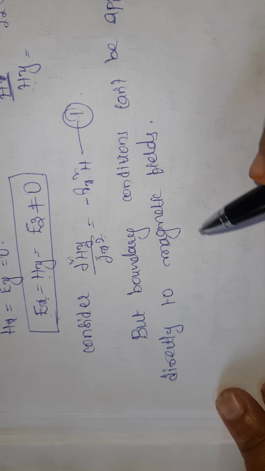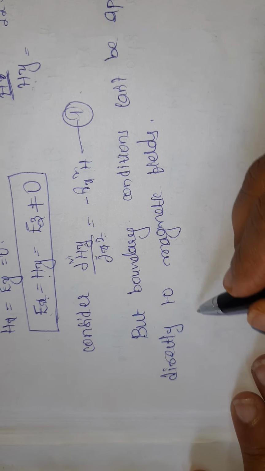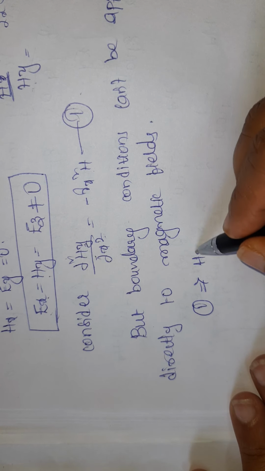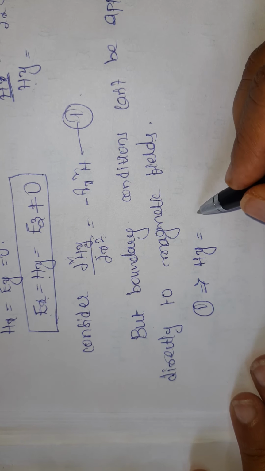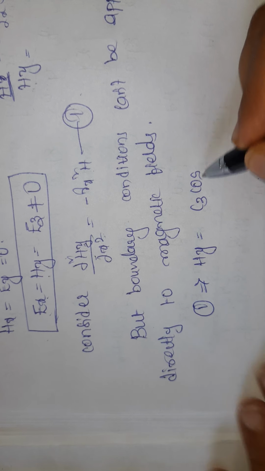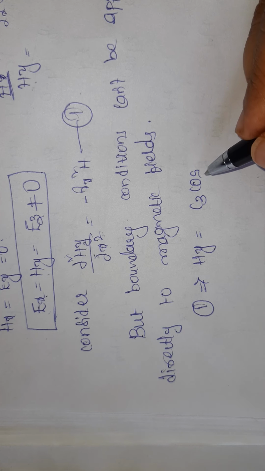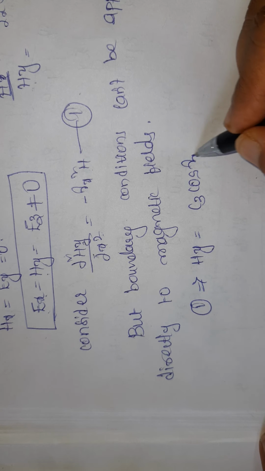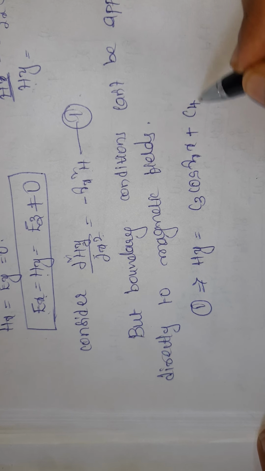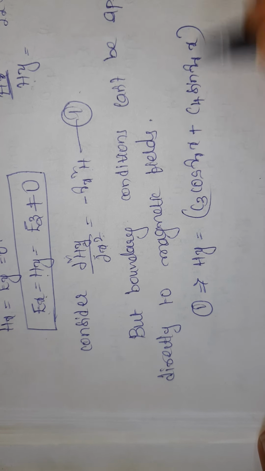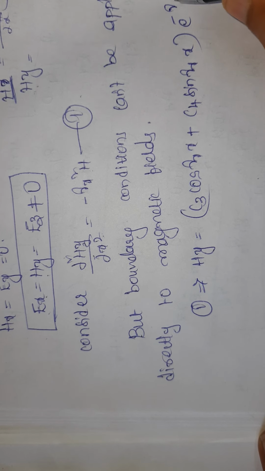So from equation 1, what is the solution for the second order differential equation? Hy is equal to C3 cos gamma x of x plus C4 sin gamma x of x into e power minus gamma z.